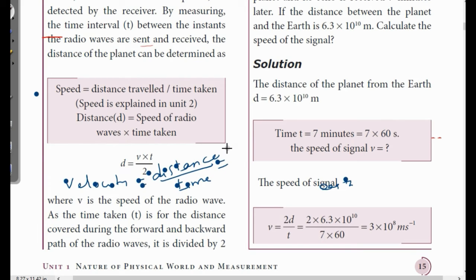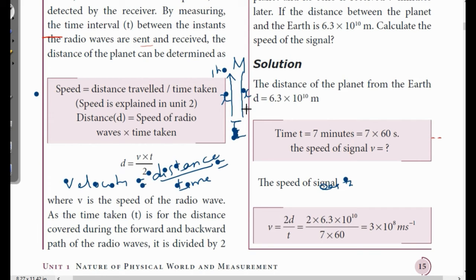Here there are two objects. We are on the earth, and here is the moon. We are sending the radio waves from the earth. This is the distance x, and say it takes 1 hour to reach there. Then the radio waves have to come back, covering the distance x again, taking another hour.